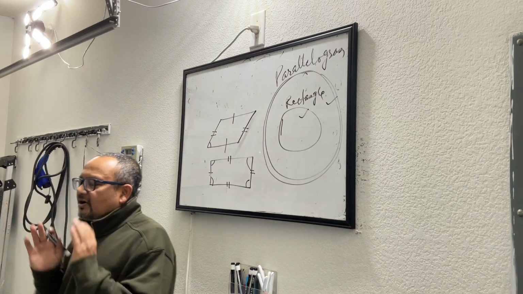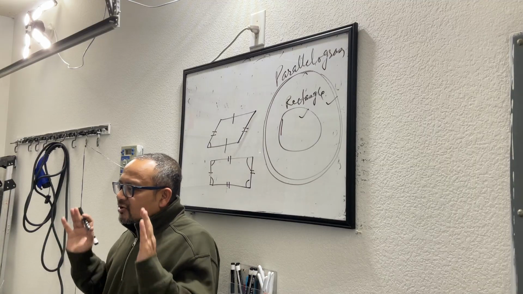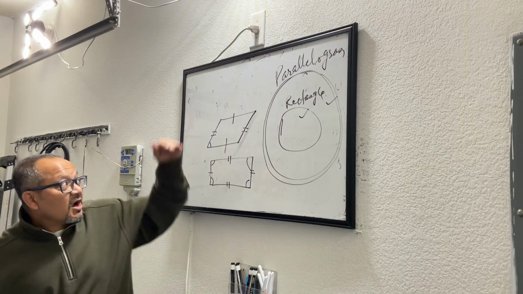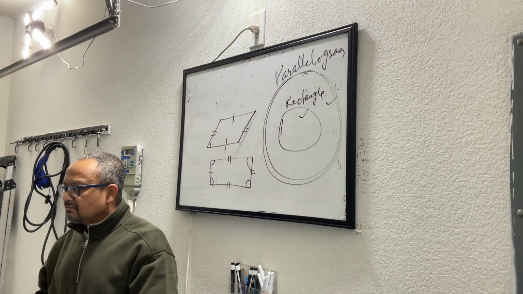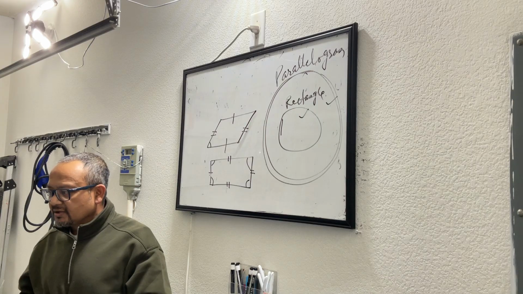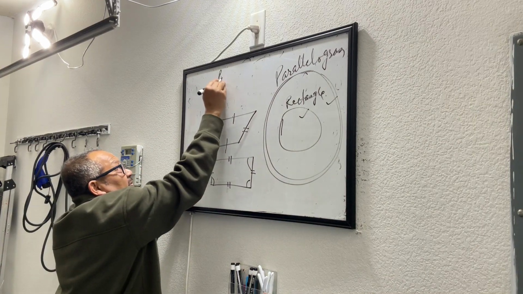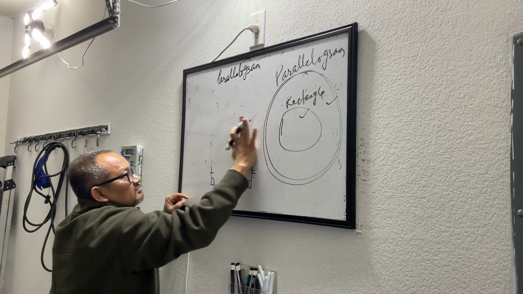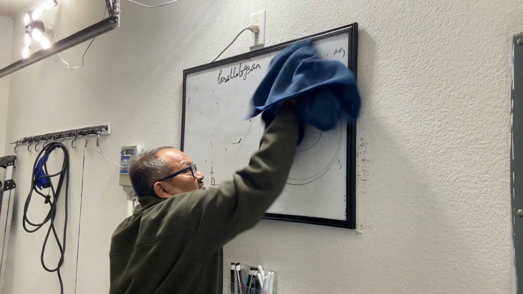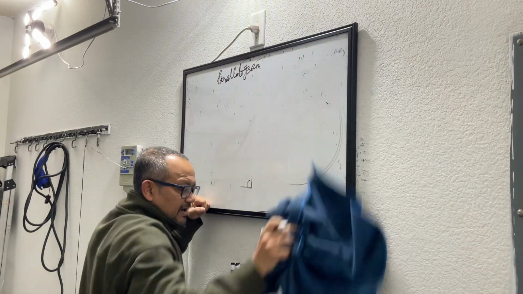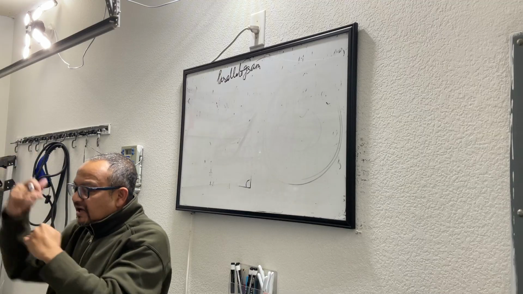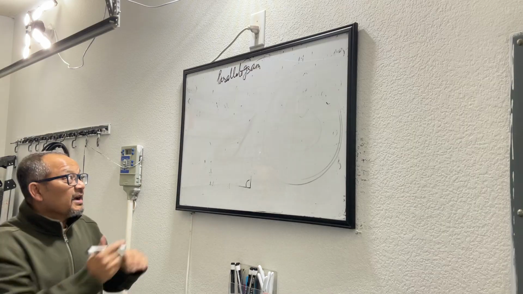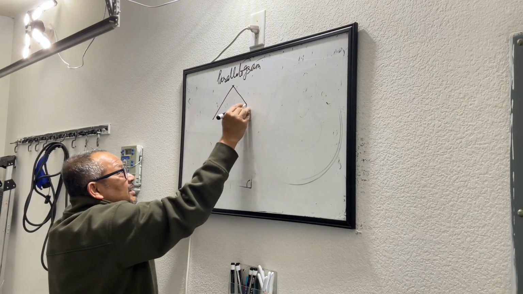Okay, so think of parallelogram as a broader category. All the quadrilaterals where your opposite sides are equal and parallel, they are parallelograms. A parallelogram says when your opposite sides are equal and parallel, that is a parallelogram. It doesn't talk about the angle. So there are two scenarios.